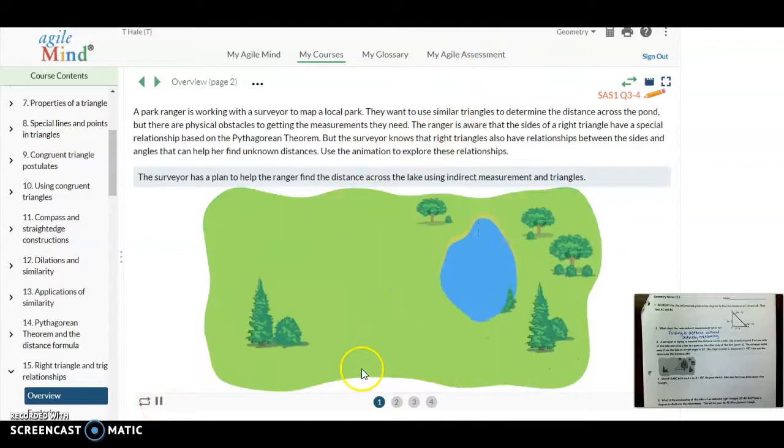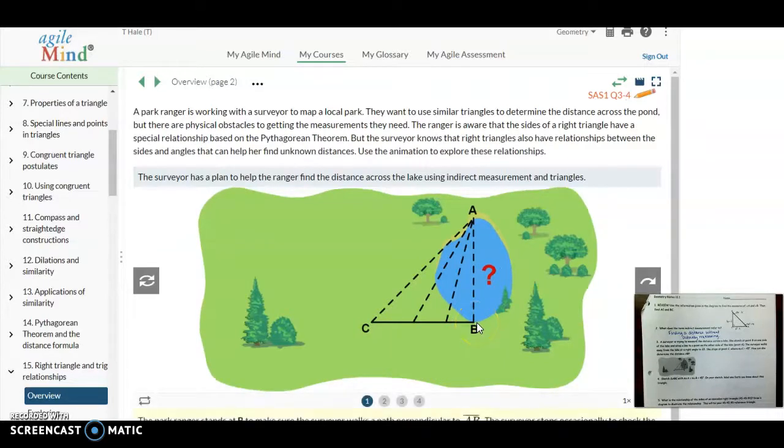So here is the problem, finding the distance across the pond. And I want you to see that the first thing that the surveyor is doing is standing here at point B as the other person is walking perpendicular to the distance across the pond, so that we maintain a right angle here at vertex B. And so the other person with the transit is walking out here and checking the angle, and then walking out and checking the angle.